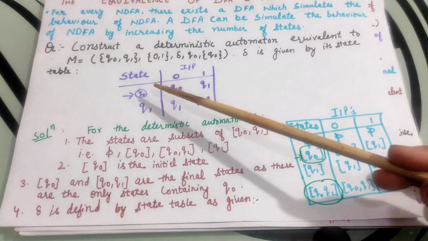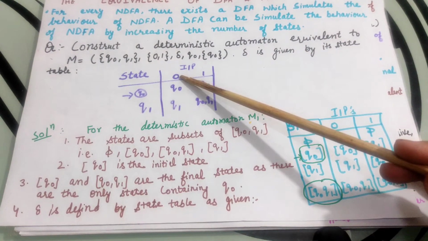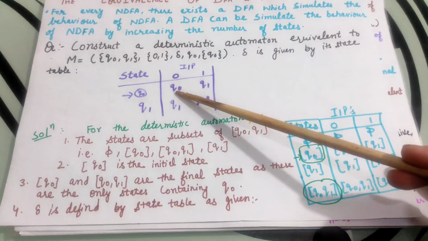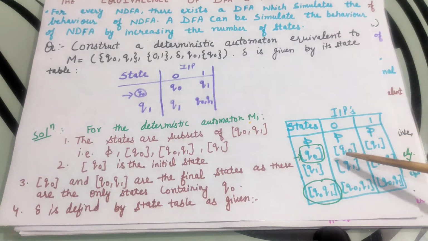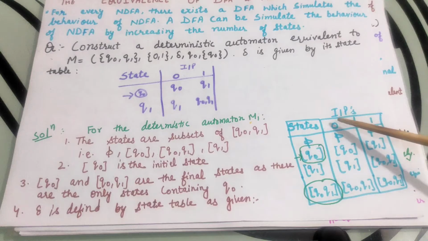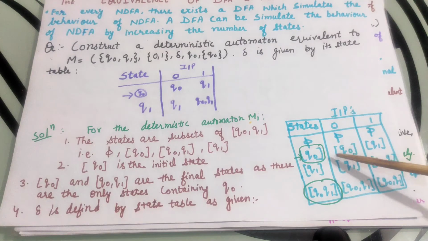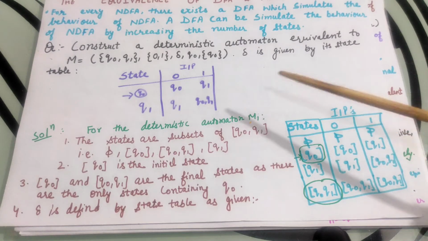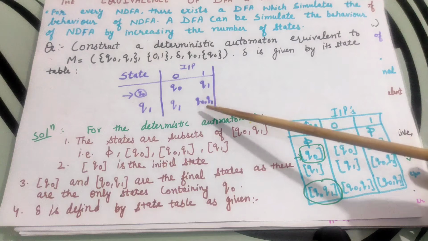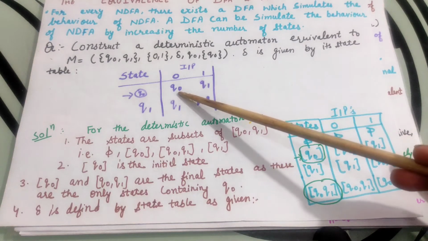Check from this table. When we provide the 0 input at Q0, the next state is Q0. Write the same in this table. Because in this step there is no issue of non-deterministic states here, these are deterministic states.